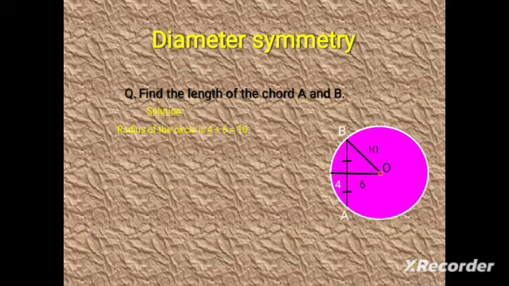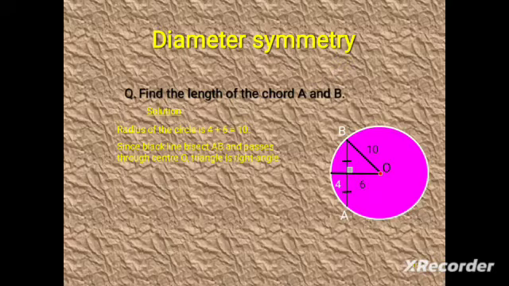Now, since the black line bisects AB, you can see the black line from O, the center of the circle, bisects AB and passes through the center O. The triangle is right-angled, so it means it is bisecting the chord at 90 degrees.